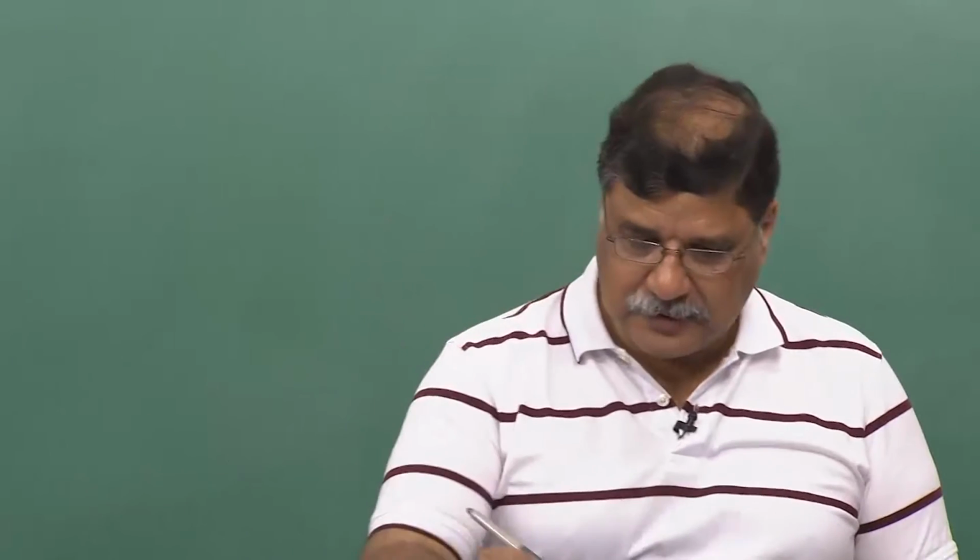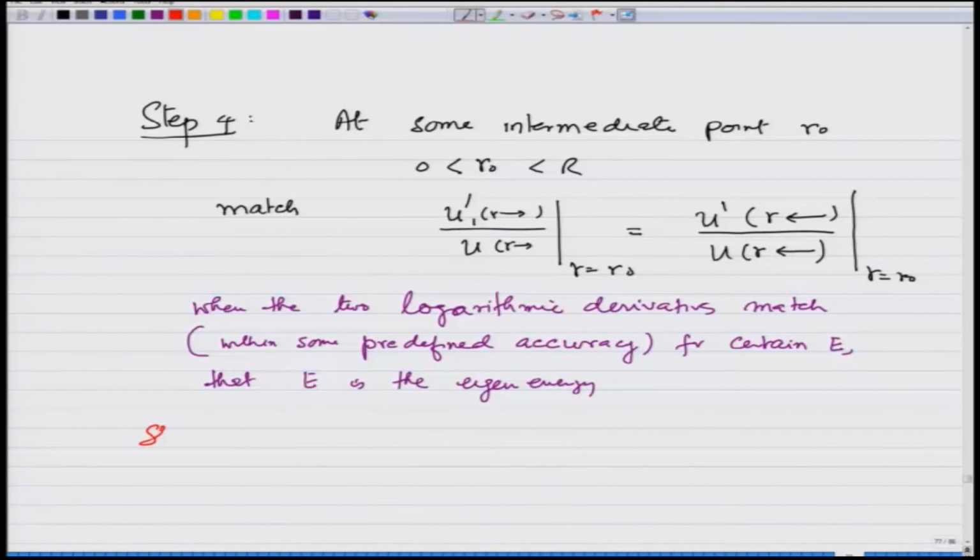And then after this, step 5 obviously, make u continuous through r naught, that means you match them again and normalize. And that gives you the solution of the problem.